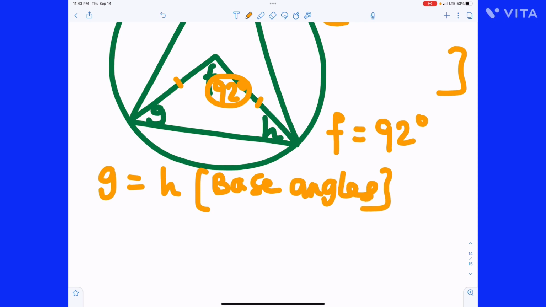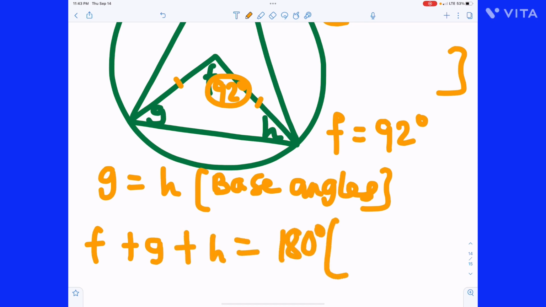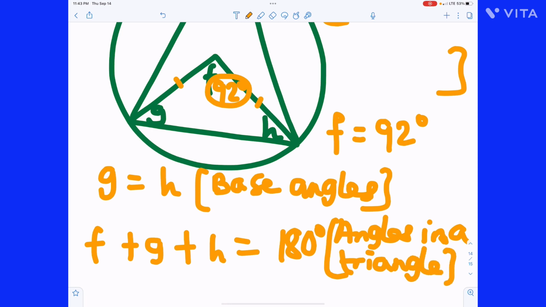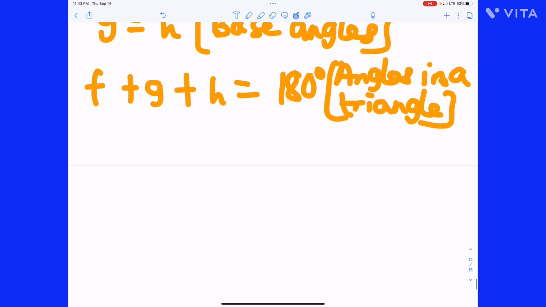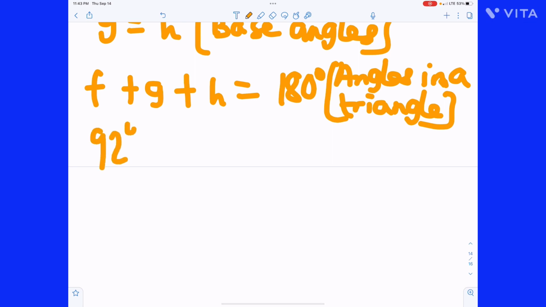So I can do F plus G plus H is 180 degrees. Angles in a triangle. F plus G plus H is 180. Since G and H are the same, F is 92.